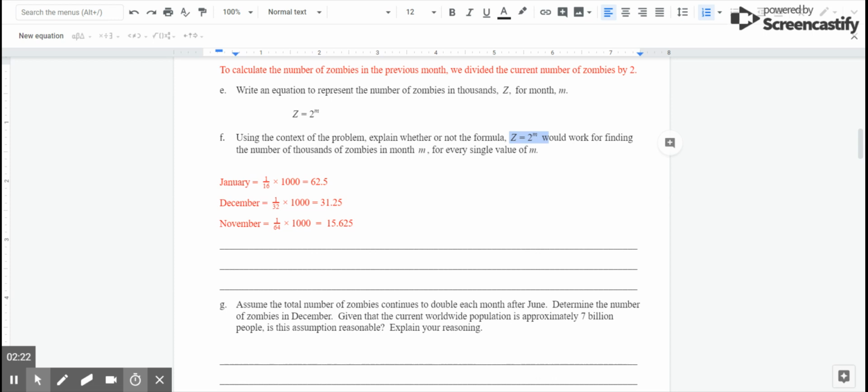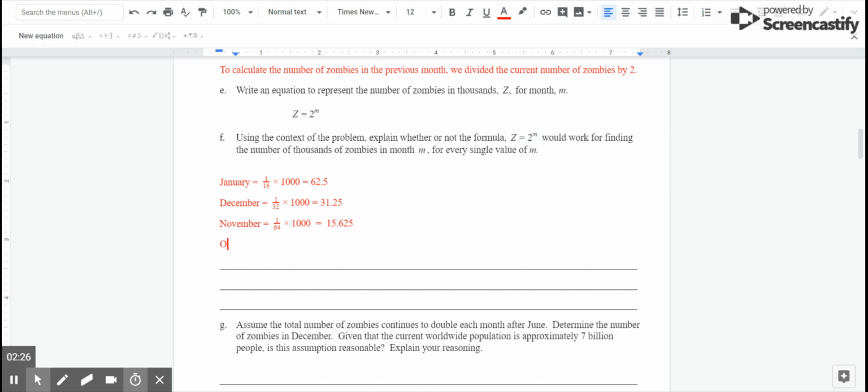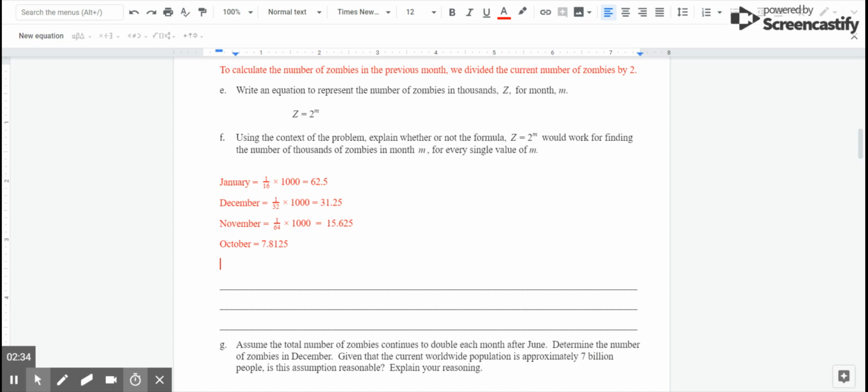Let's look at that. For the month before November, which would have been October, it's going to be half of that previous amount, which would be 7.8125 zombies. If I look at the previous month, September, there would be about 3.9 zombies.